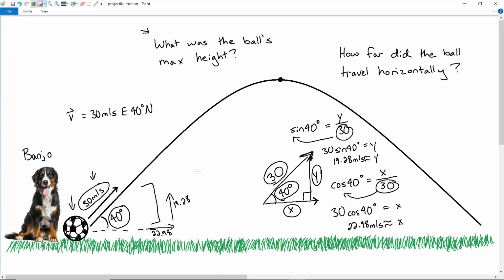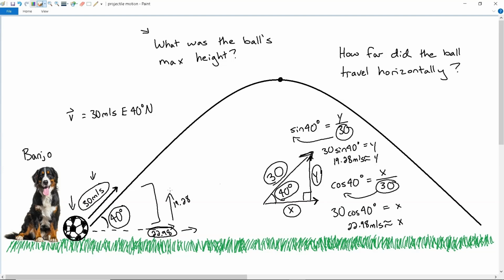Okay. The thing is, in these kinds of questions, we can assume that there's no air resistance or friction. However, we cannot ignore acceleration. What that means is this 22.98 meters per second to the right or east is going to be constant because there is no force opposing that motion.